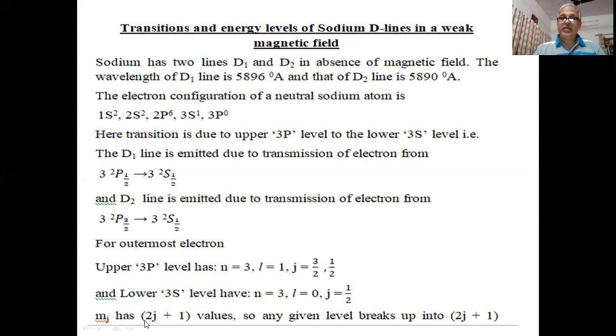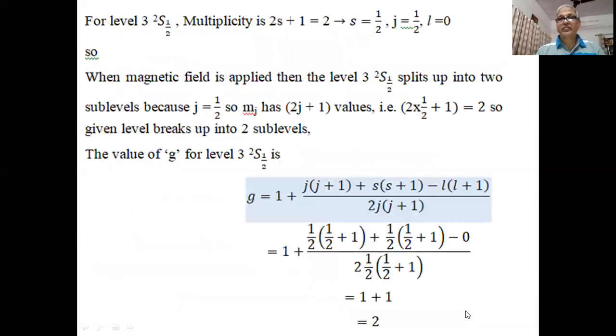Now Mj has 2J plus 1 values, so any given level breaks up into 2J plus 1 sublevels. For level 3 2S 1/2, the multiplicity of this term is 2S plus 1 equal to 2, so S equals half, J equals half, and L equals 0. When a magnetic field is applied, the level 3 2S 1/2 is split into two sublevels, because J equals half.